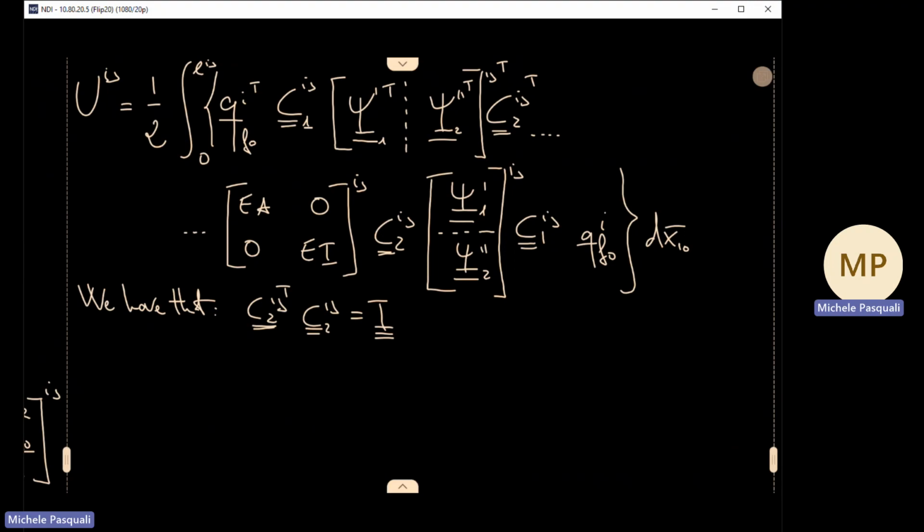So since here we have a symmetric matrix inside, what we have eventually is that multiplying this times this times this will produce the canceling out of the C2 matrix. You can try if you want. So basically what I'm saying is that the C2 matrix here vanishes. Okay? All right.